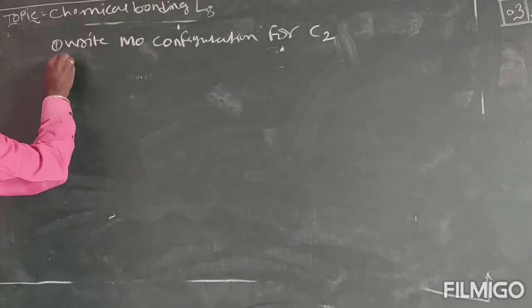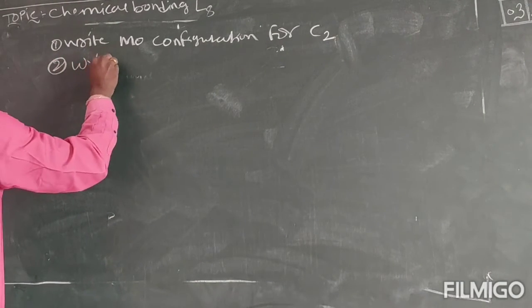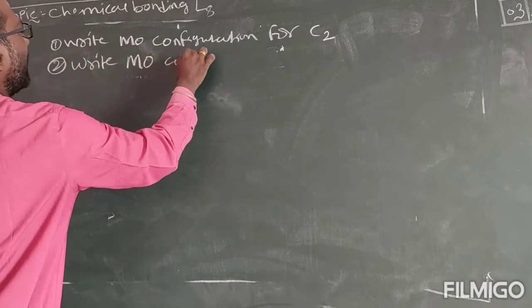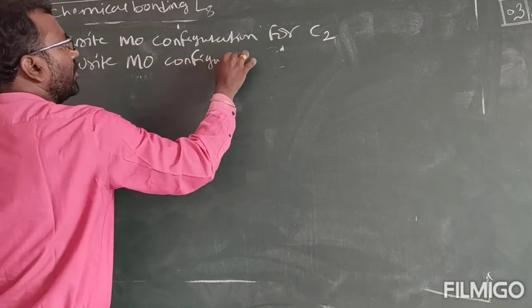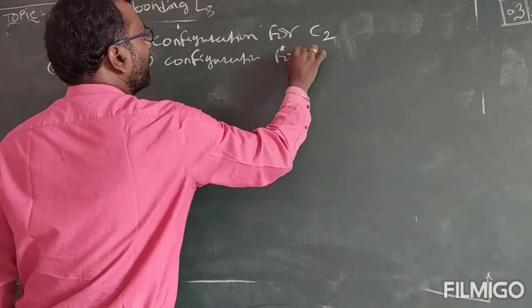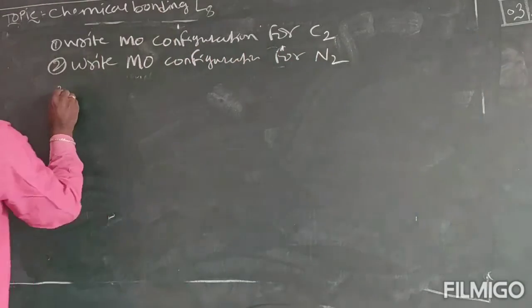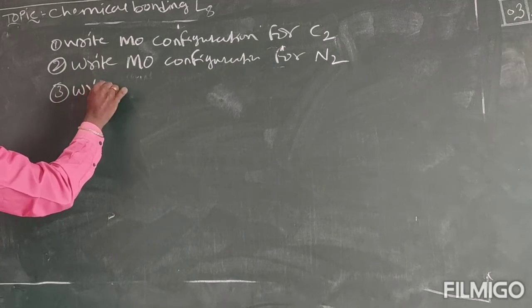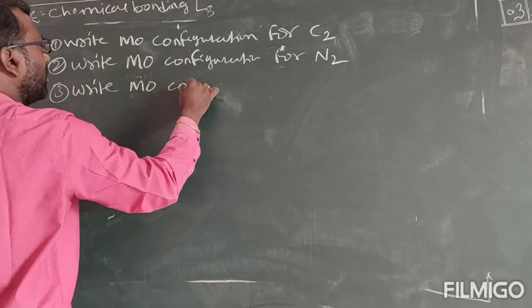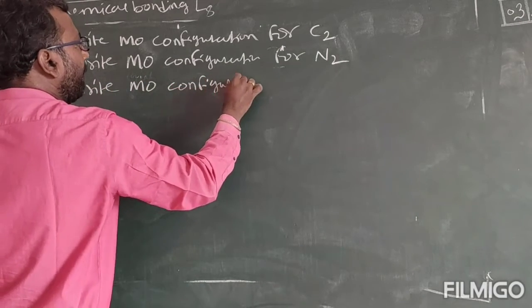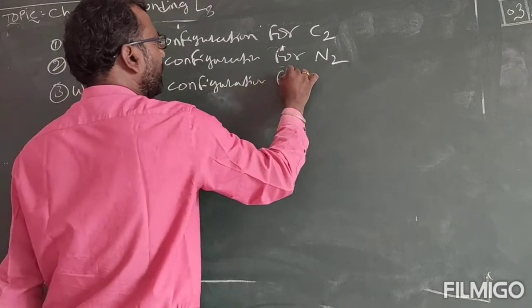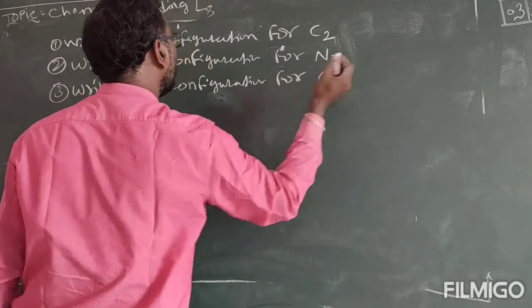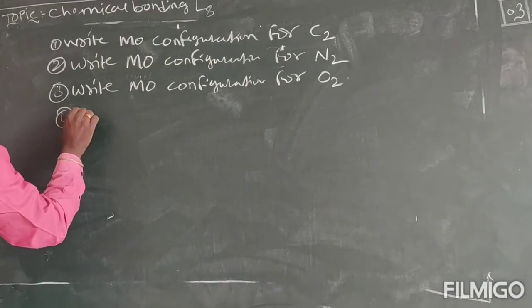For C2; the second one is write the MO configuration for N2. Third, write the MO configuration for O2.